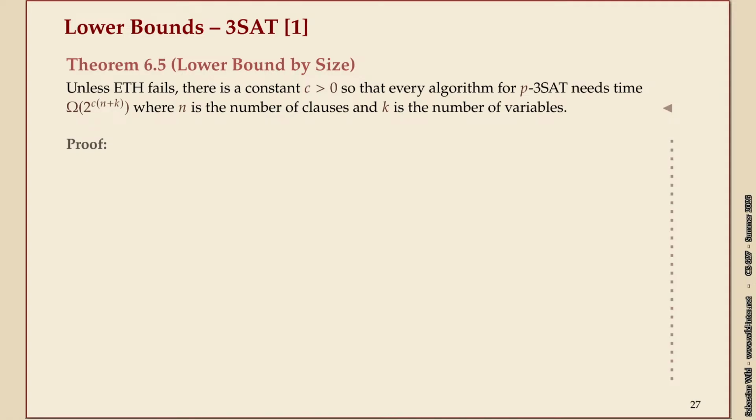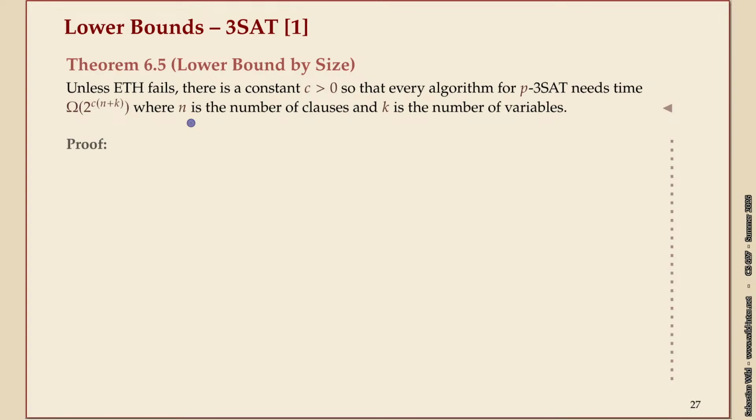Where we left off last time was using the sparsification lemma for 3-SAT formulas to do anything interesting with it. And the first kind of step here that really shows you why this lemma is so useful is that we can transfer this bound from the exponential time hypothesis to one that involves the size of the formula, not just the number of variables.